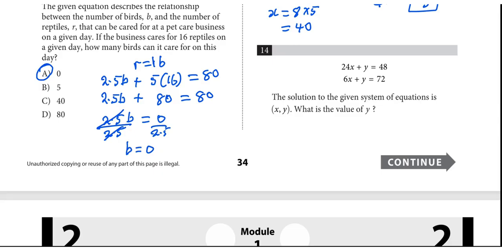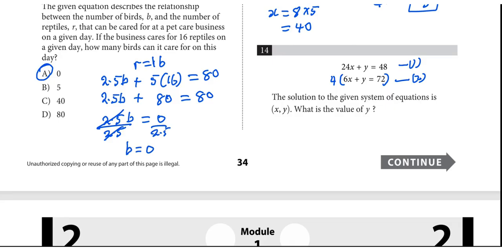So we can tag this as equation 1 and this as equation 2. The coefficient of x in equation 1 is 24, so we can simply multiply 6 by 4 in order to also have 24. So let's put this in parentheses and multiply by 4.